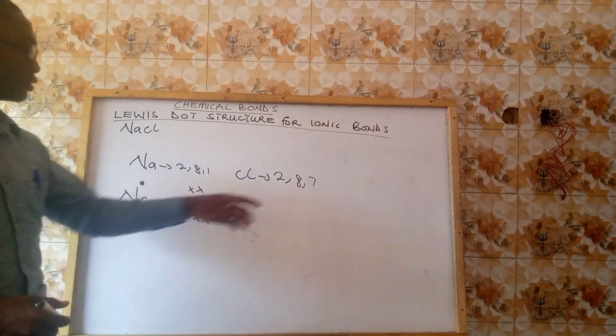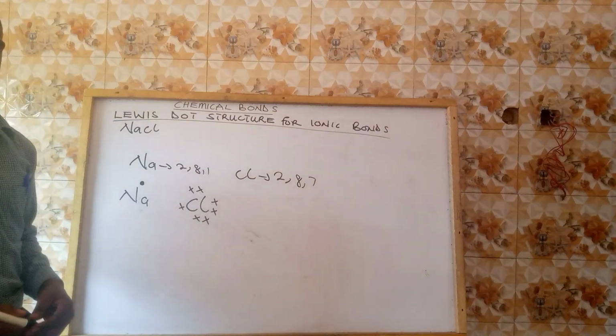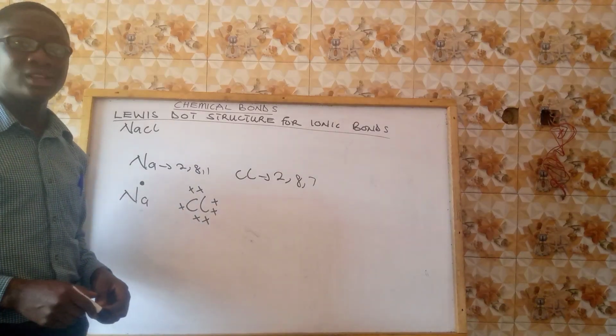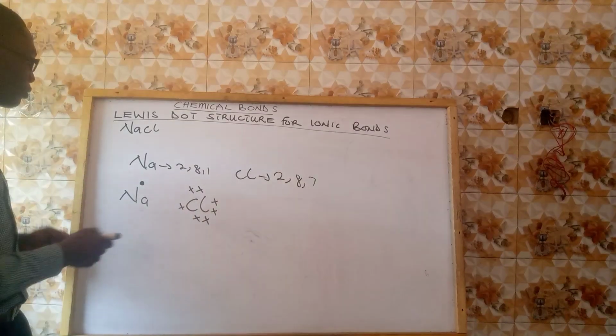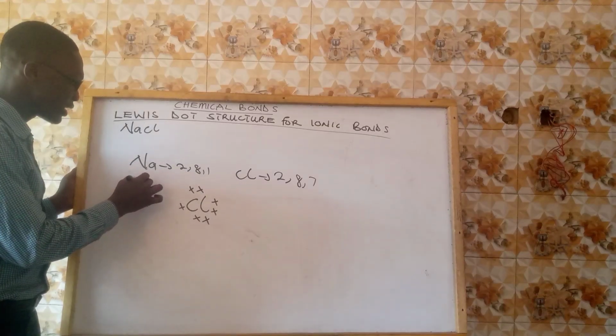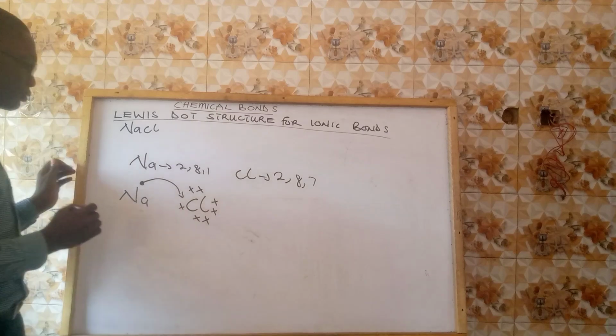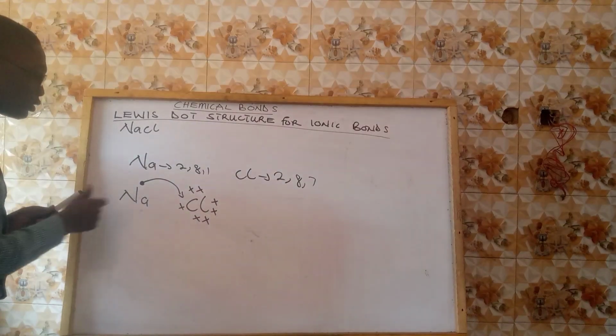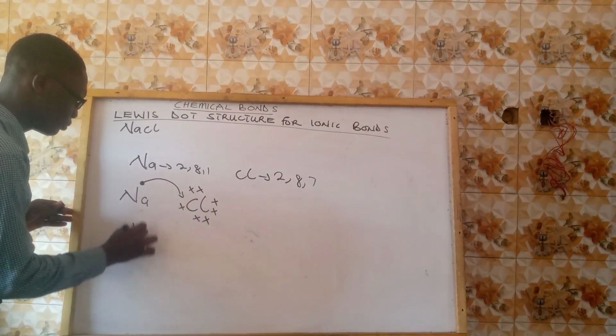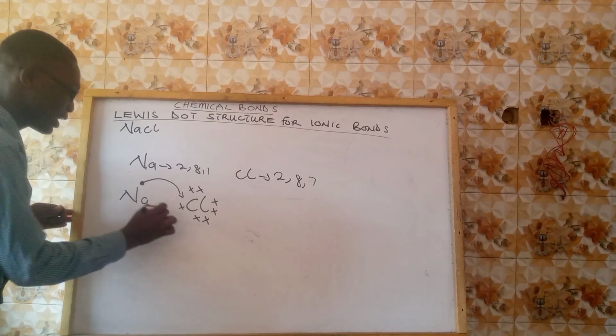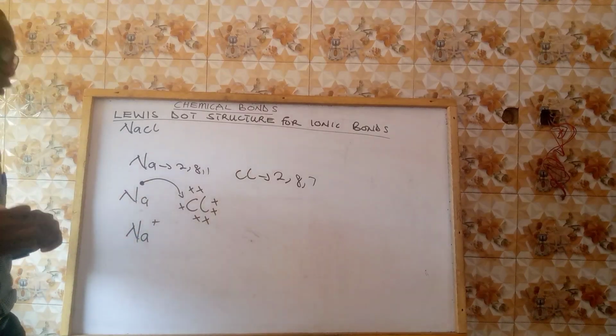And the chlorine will gain the electron to become negatively charged. So now there will be a transfer of electron from sodium to chlorine. So sodium will now become an ion, not an atom.